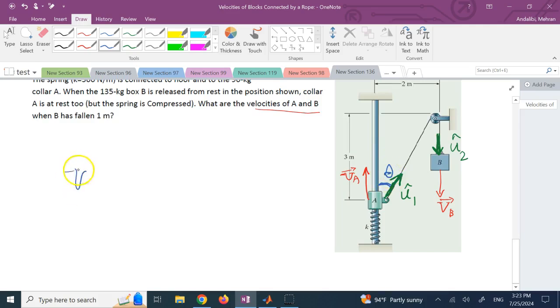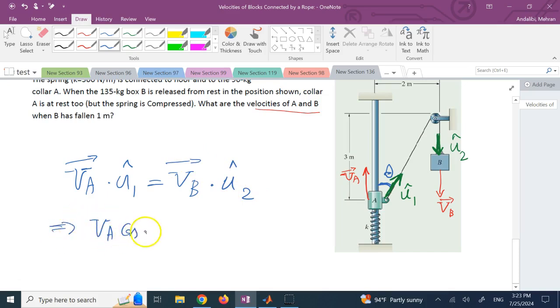So if you say VA dot U1 is the same as VB dot U2, VA dot U1 is simply magnitude VA times cosine of theta, but VB dot U2 is simply magnitude VB. So this is the relation between them.